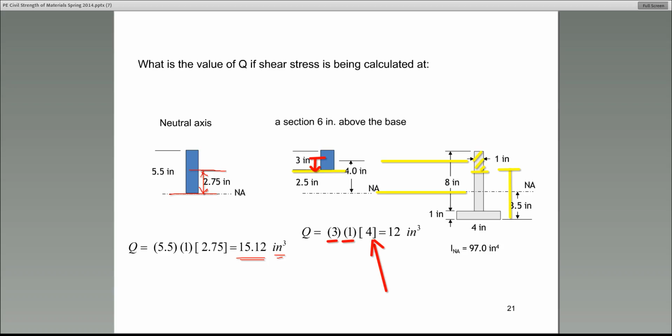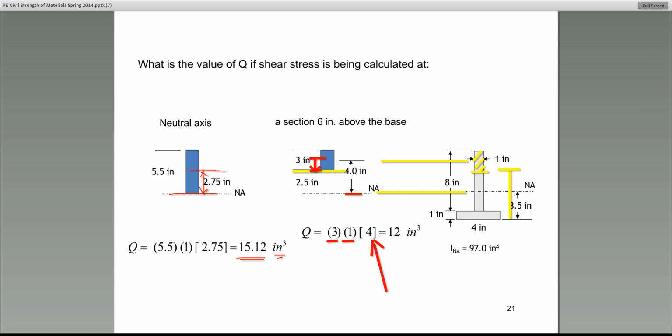Assuming that you will make that mistake, instead of measuring the distance from the centroid of that shaded area all the way to the neutral axis, which would give you 4, they count on you making a mistake and treating that as the moment arm. That is a very common distractor. So don't do it that way.